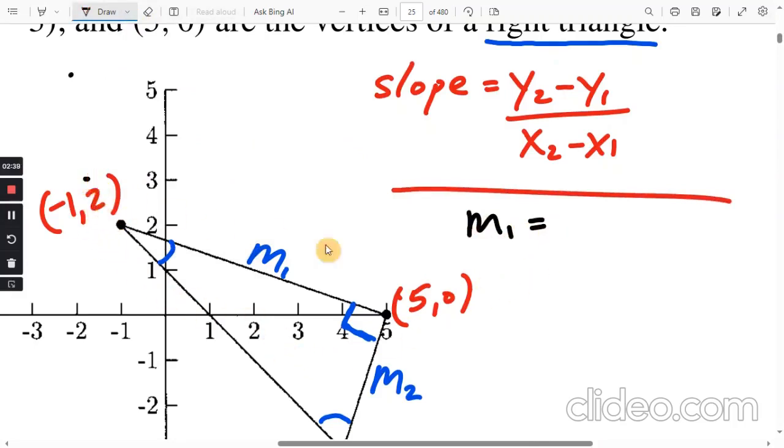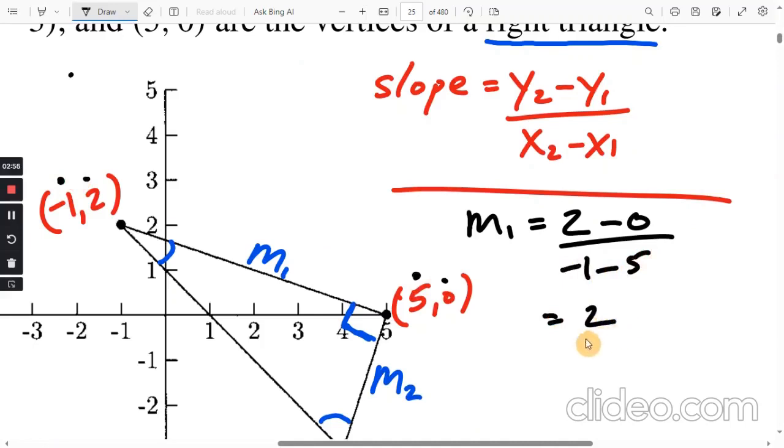I'm going to do 2 minus 0. And since I started here with the y, I start here with the x. -1 minus 5. Okay, 2 minus 0 is 2. -1 minus 5 is -6. And reducing that fraction, that's -1/3.